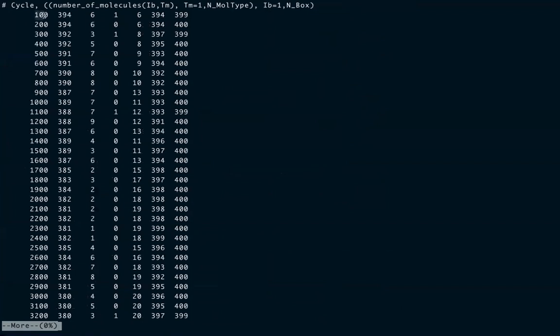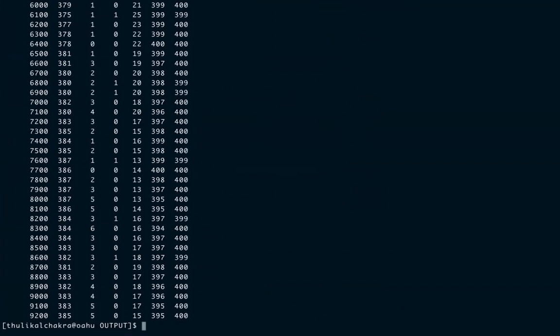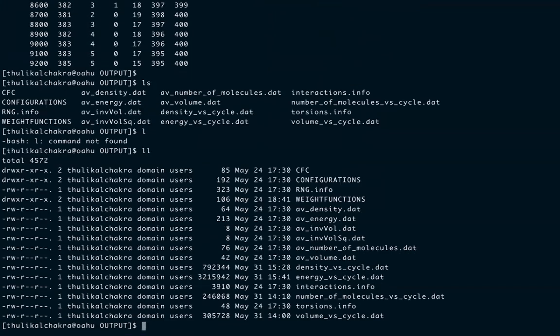So you see that at cycle number 100, you have 394 molecules of water, 6 molecules of CO2, 1 molecule of hydrogen. And similarly in box 2, you have 6 molecules of water, 394 molecules of hydrogen, and 399 molecules of CO2. So this is for one particular case where I've chosen actually 400 molecules each of water, CO2, and H2. But in principle, this is more or less how your output file will look like.